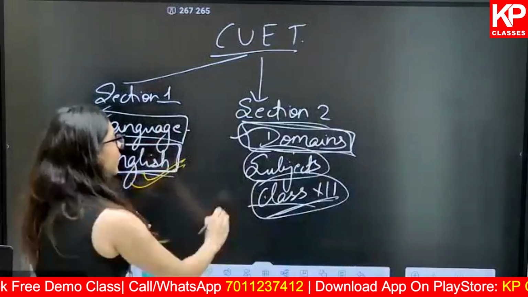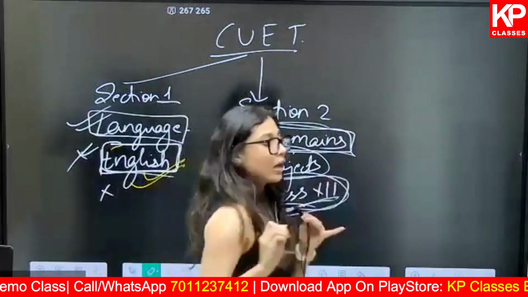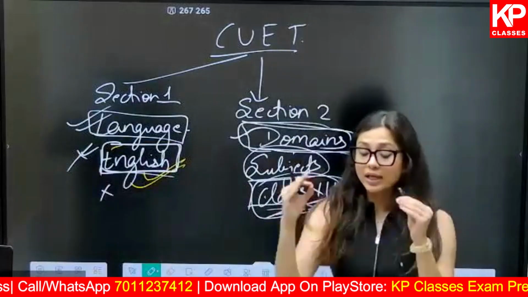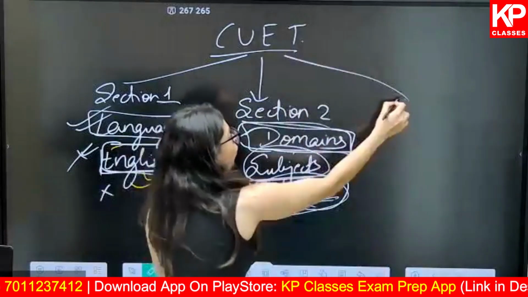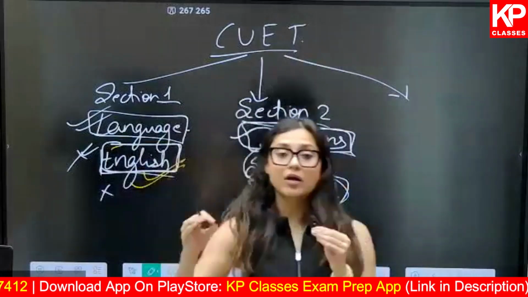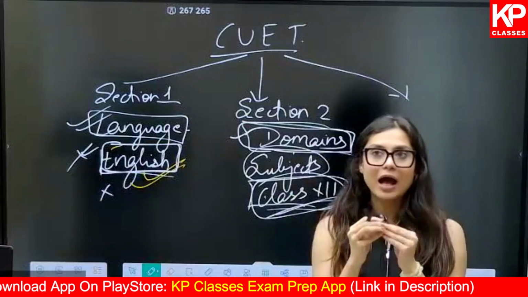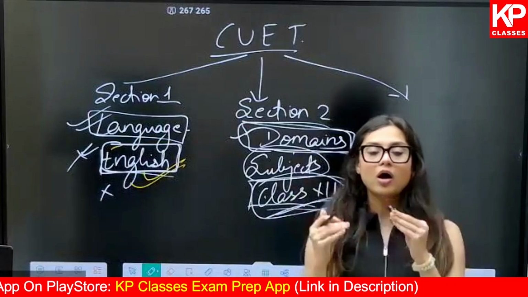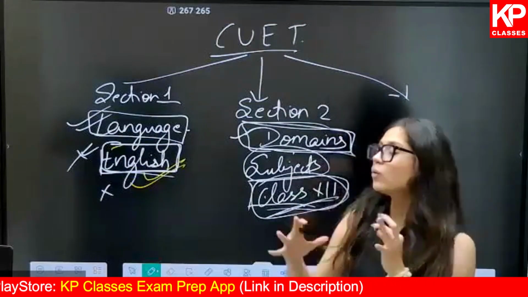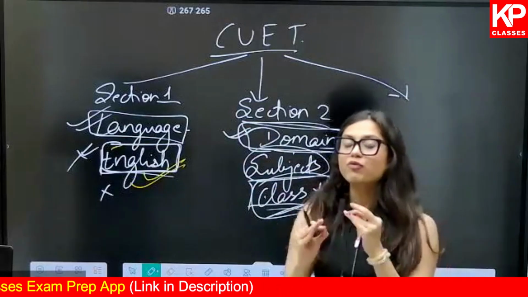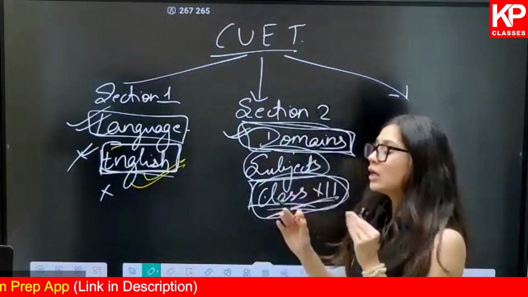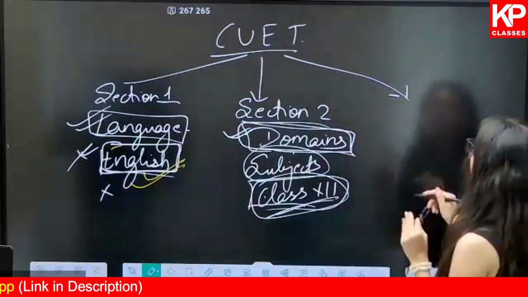The catch is you have to appear in these examinations, in these subjects. For example, if you are having psychology, history, political science, you can only choose these subjects as your domains. You cannot opt for other ones. So you have to be careful while selecting your domains.